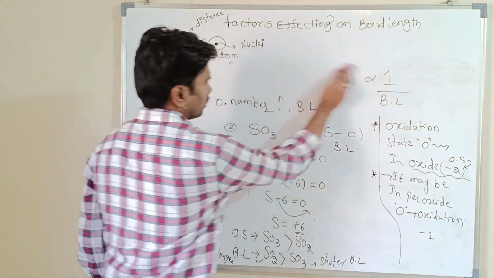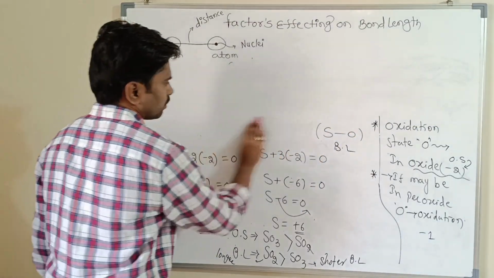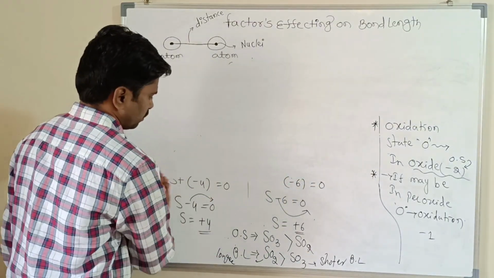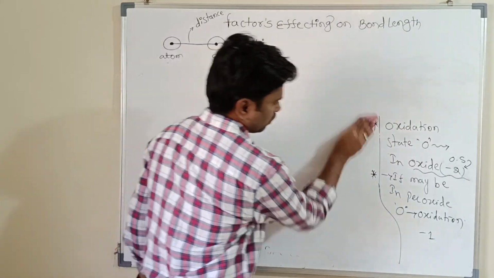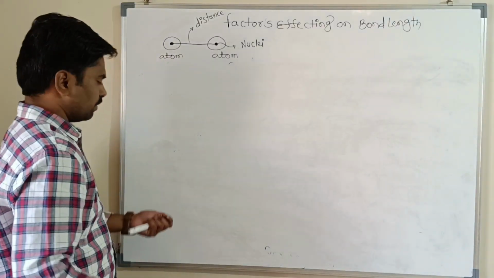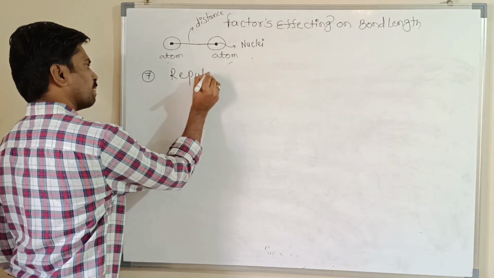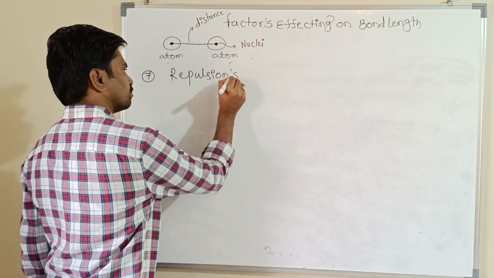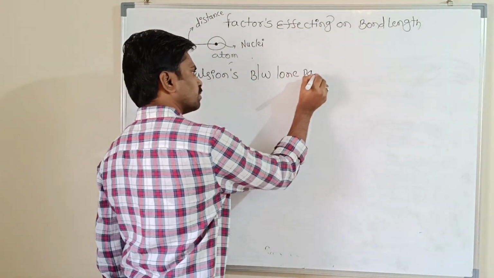Repulsions between the lone pairs. The seventh one is the repulsions between lone pairs of electrons.